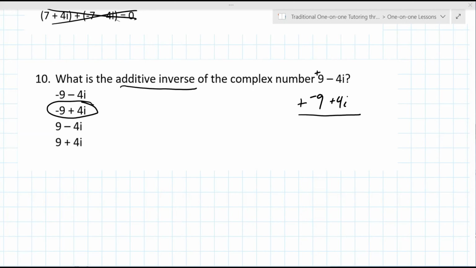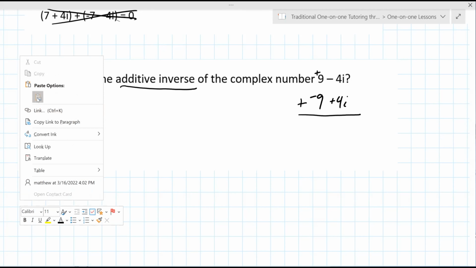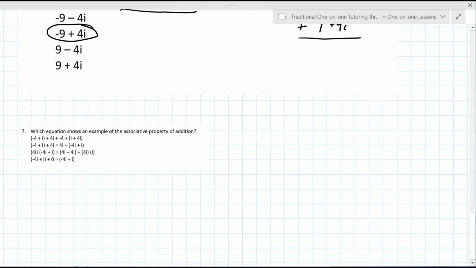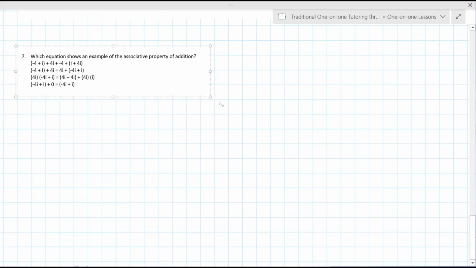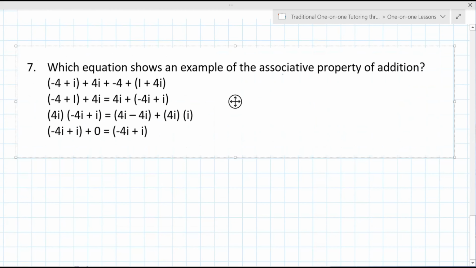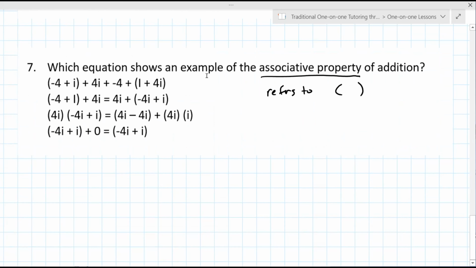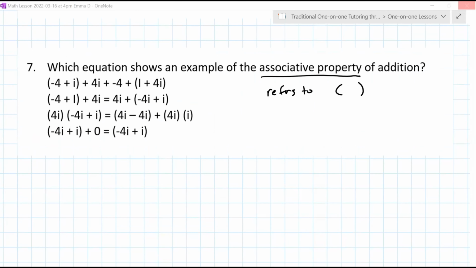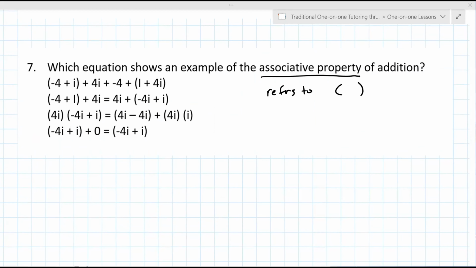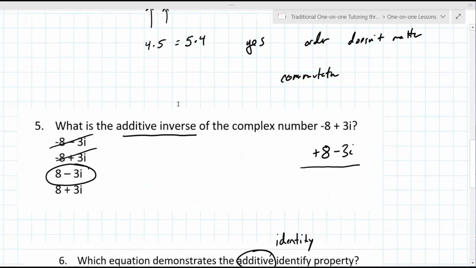All right, so we're going to go back to 7 next. 7's a lot of numbers. Yeah, so associative property generally refers to parentheses. I'm sorry to keep going back and forth, but if we go back to question 3, unless it's written another way, and that's where you got to tell me, question number 3 does not have any parentheses.